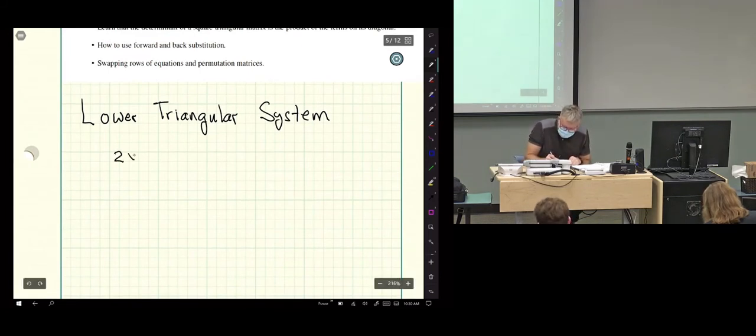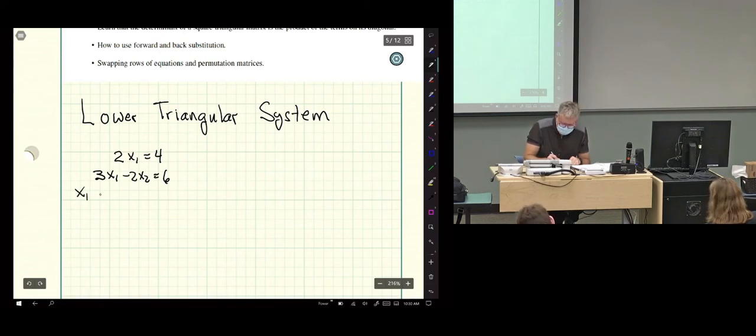So here's our first example. 2x1 equals 4. 3x1 minus 2x2 equals 6. And, whoops, need more room. x1 minus 3x2 plus 5x3 equals 7.